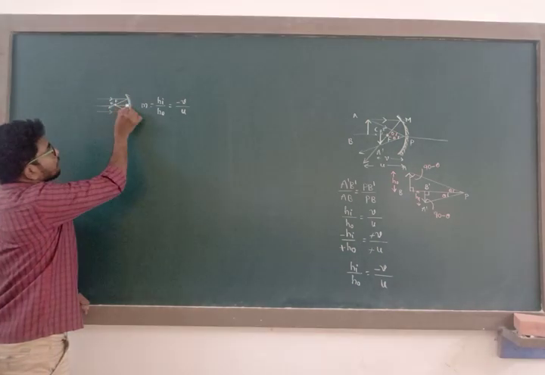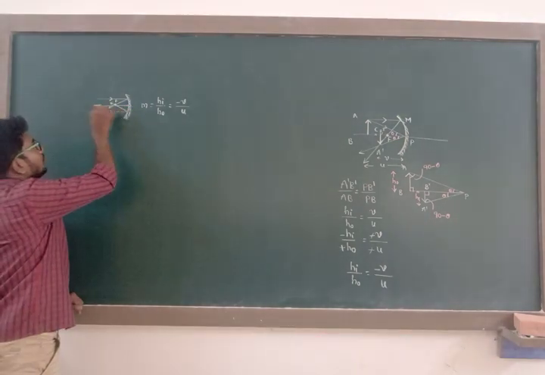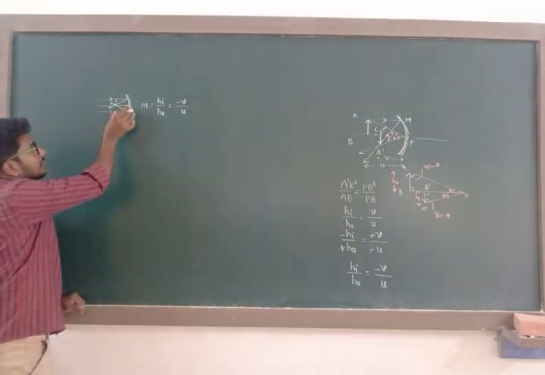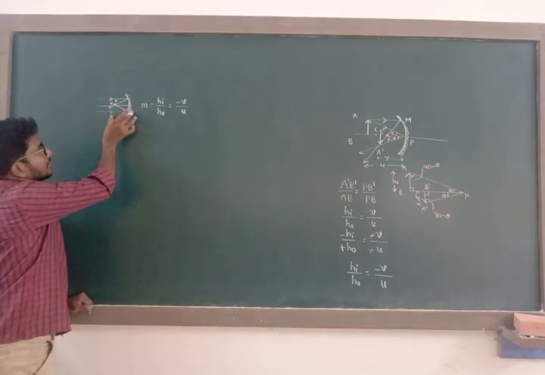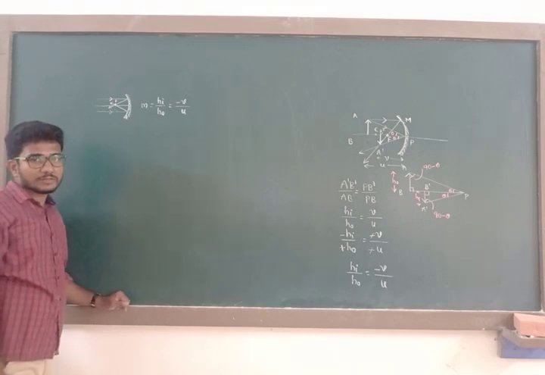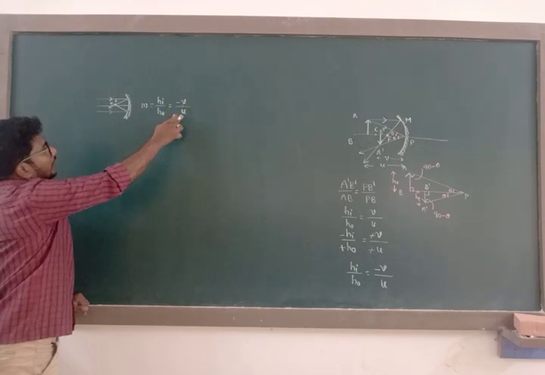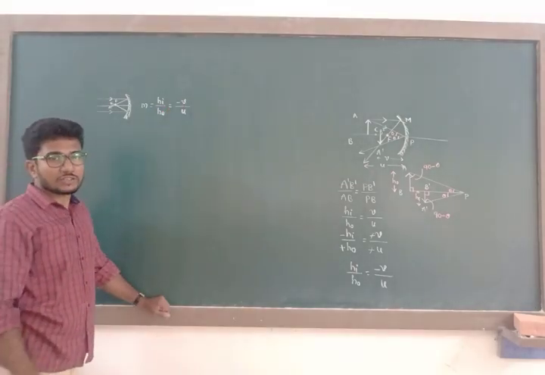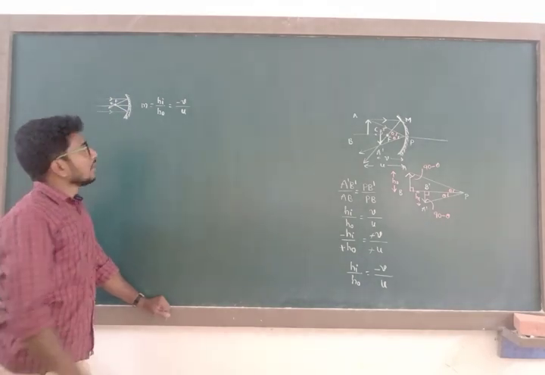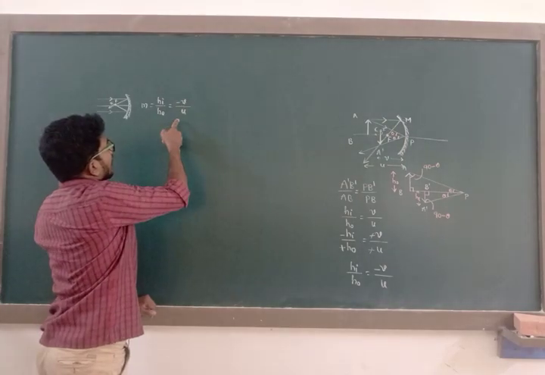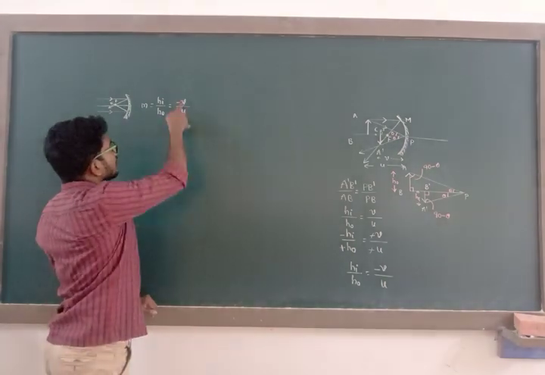Distance between pole and principal focus is known as focal length, and when object lies at infinity, this distance also represents image distance. So v is equal to f and u is equal to infinity, because object lies at infinite distance. So here v is less than u, or u is greater than v.